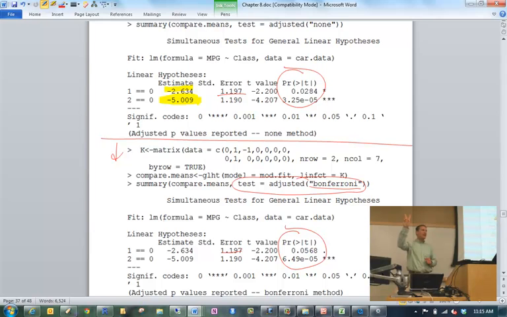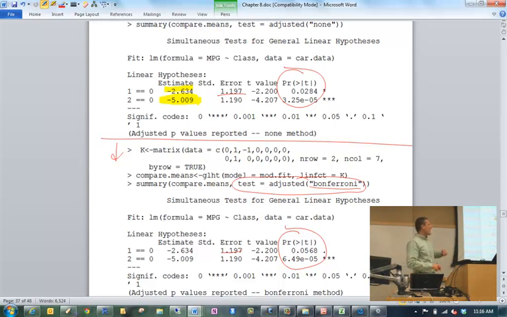We had 2 tests. You should think about on your own why we are multiplying the values by 2. Compare that to what we were doing back in chapter 4. Maybe that might be a good test question.